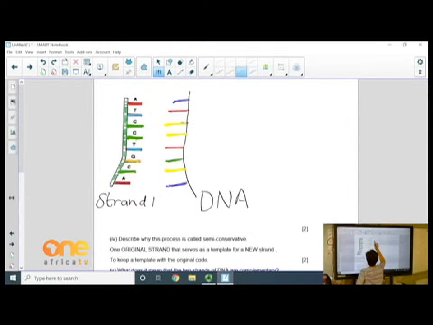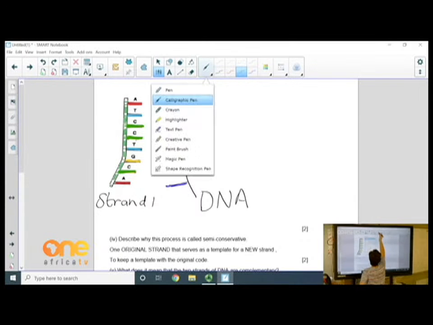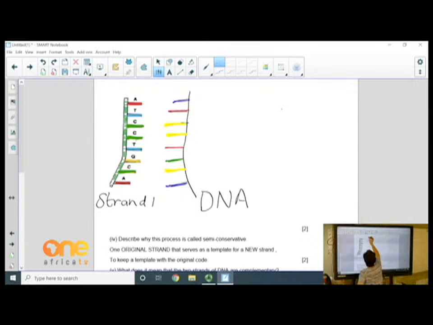You agree? But you cannot use color, so let's rather write in there A linked to T, T to A, C to G, G to C, and T to A. That is how the other side will look.